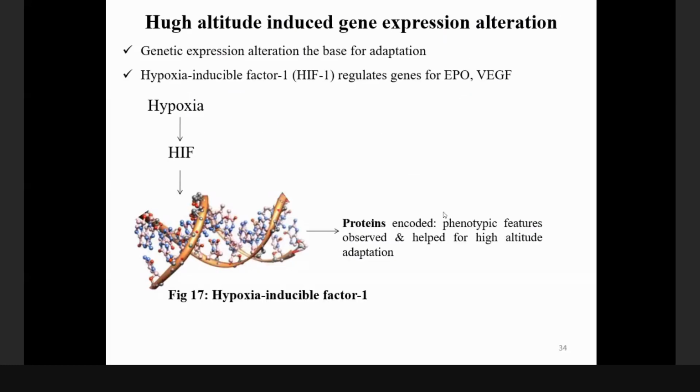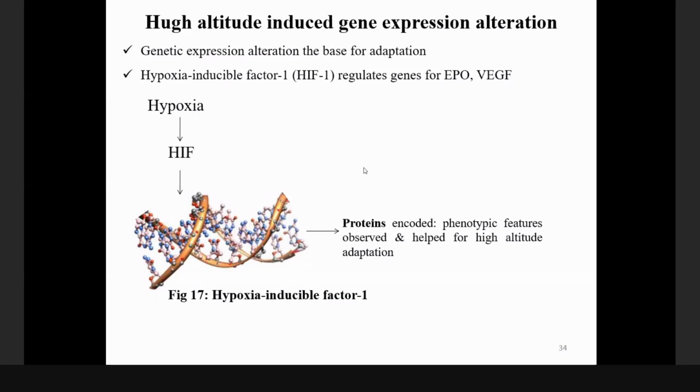The other is, in order to adapt to that altitude, there should be gene expression alteration. If you are exposed to higher altitude, oxygen in the body gets less, hypoxia. Then hypoxia-inducing factors are produced, like HIF-1, hypoxia-inducing factor 1.